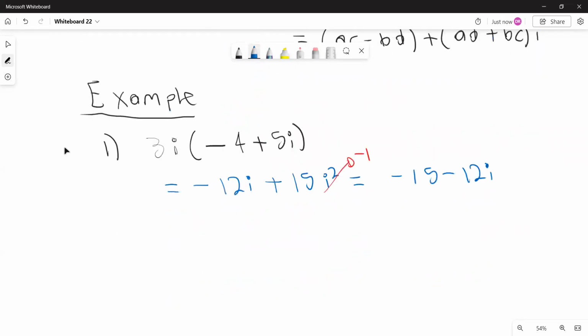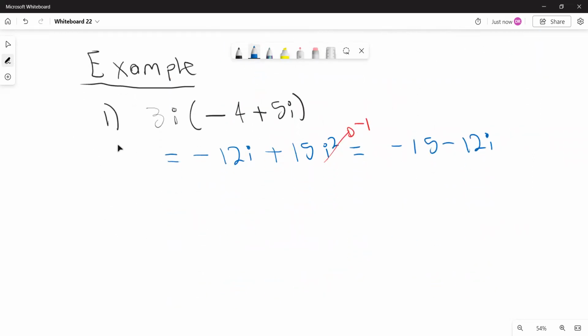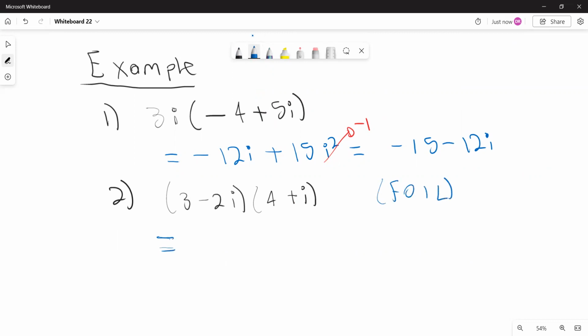Number 2. 3 minus 2i times 4 plus i. Okay, so we're just going to FOIL. The product of the first terms is 12, 3 times 4 is 12. Outer terms, 3 times i is 3i.